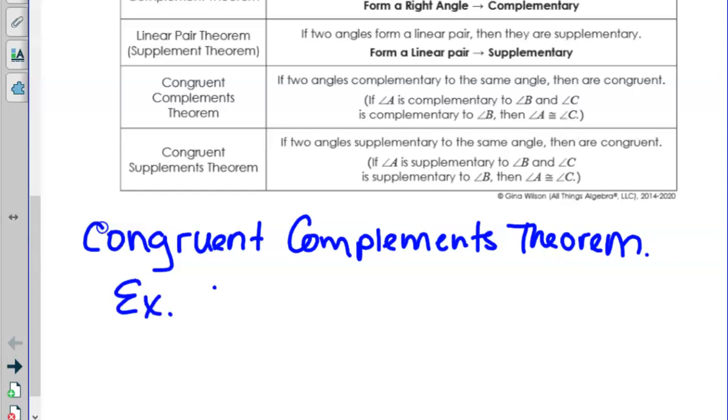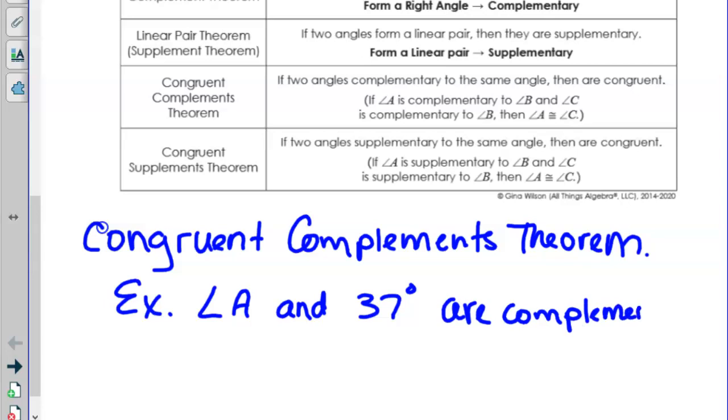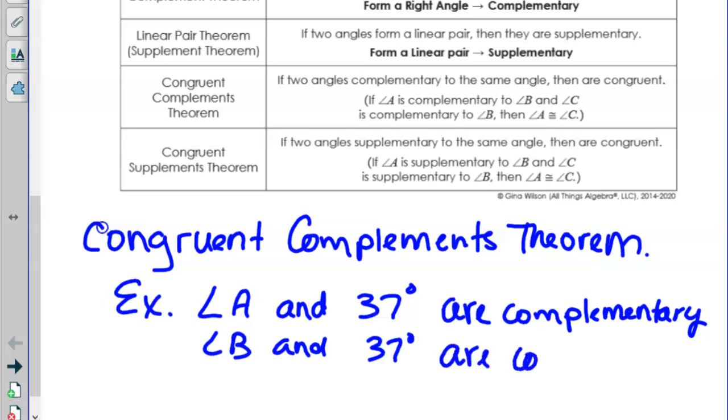If I say that angle A and an angle that's 37 degrees, I'm just going to call it the 37 degree angle, angle A and 37 degrees are complementary. And I also say that angle B and the same angle, so this has to be 37, are also complementary. And I'm saying that A and B have to be congruent to one another.